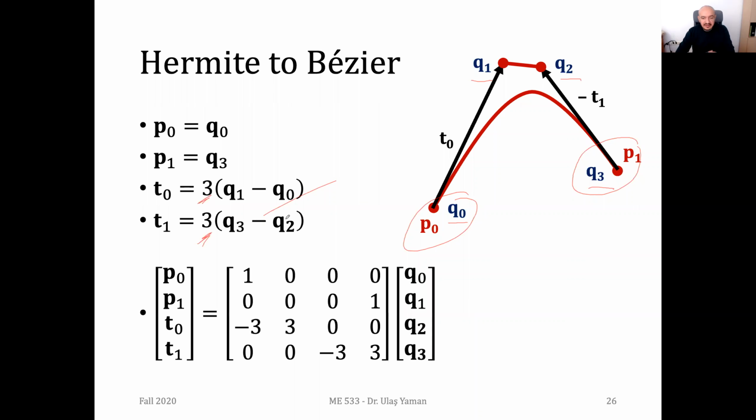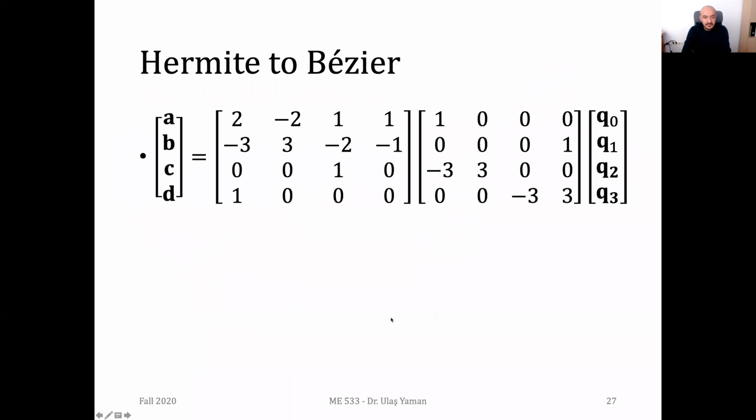So let's have a matrix representation of this conversion. On the left-hand side, as you see, we have the control points of Hermite splines, right? And on the right-hand side, we have the variables of the Bezier curve, and this is the relationship between these control points. So we can simply use the matrix representation of Hermite curves, and then do some multiplication to obtain the representation of Bezier curves. So this is what I mentioned.